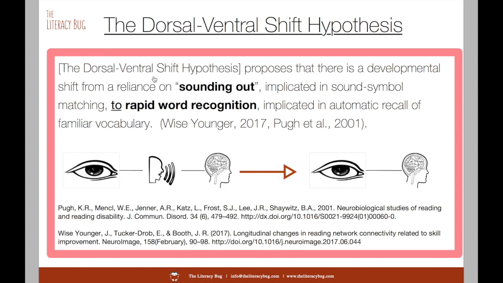Basically, it proposes a developmental shift from a reliance on sounding out words, implicated in sound-symbol matching, where you have to sound it out laboriously until you go, ah, I recognize that word. I might have read it before, but I still had to read it out loud, but now I recognize it. And then there's a shift to the brain actually recognizing it rapidly from a visual stimulus. So rapid word recognition is implicated in the automatic retrieval of familiar vocabulary.